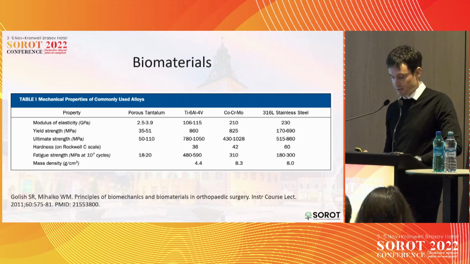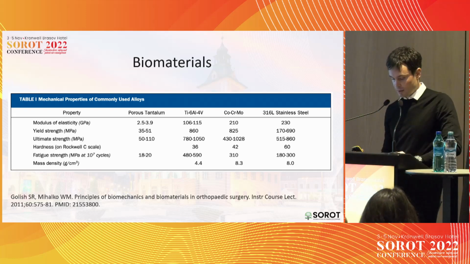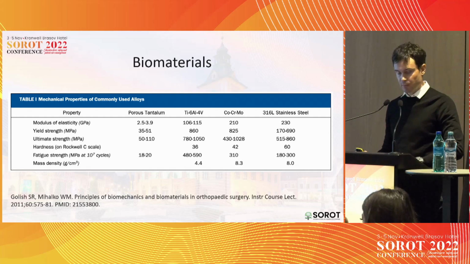Comparing these properties here on the table to bone allows a better comparison of the material's properties and use in orthopedics. So the more similar a material's mechanical properties are to bone, the less stress shielding is created. For example, if the properties of a femoral component in a total hip replacement are more similar to bone, there will be less stress shielding of the proximal femoral bone and the lowest stress riser at the tip of the femoral stem, thereby decreasing the risk of periprosthetic fracture.